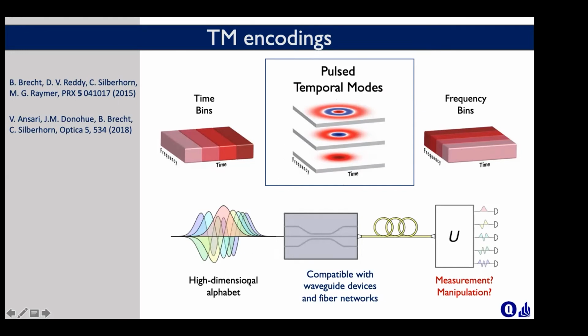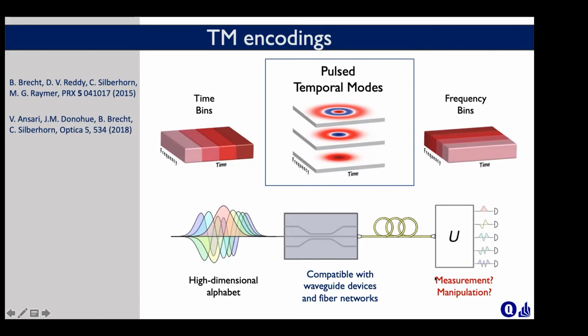It's nice because they form a high-dimensional alphabet, which you have probably heard of in the context of spatial modes. Having them in the temporal domain gives the big advantage that they're compatible with waveguide devices and fiber networks. So this is a mode encoding which can be used in all kinds of different integrated network structures.